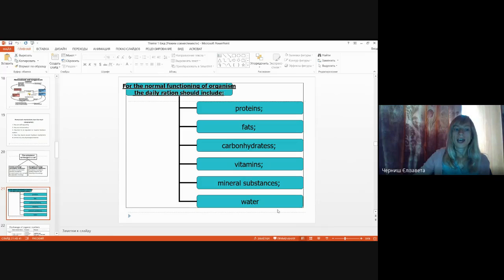And these nutrients influence our health, the quality and quantity of food. It's very important in our life, and there are some dangers that can be.